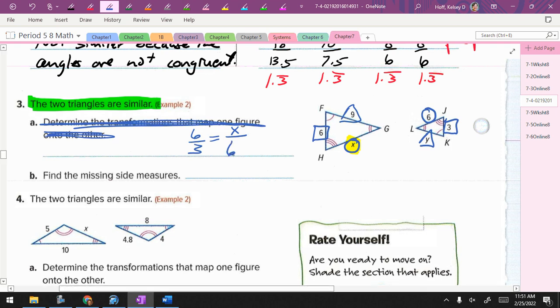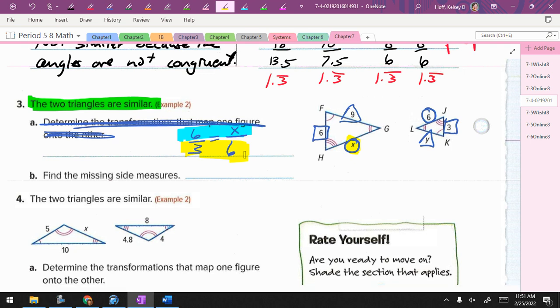Is that what you were going to answer for me? Question. Correct. And actually, that was my very next sentence I'm going to tell you. This 6 and X came from the left triangle. They need to be in the same part of the fraction. Now, it could be the denominator, it could be the numerator, as long as they're the same, because 3 and 6 are both from this triangle.